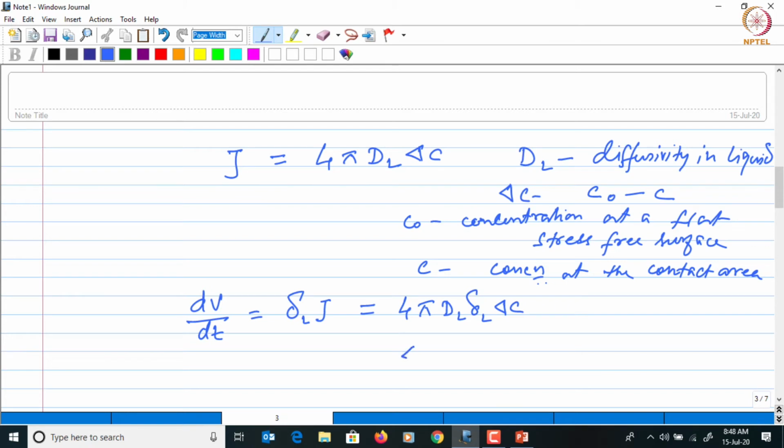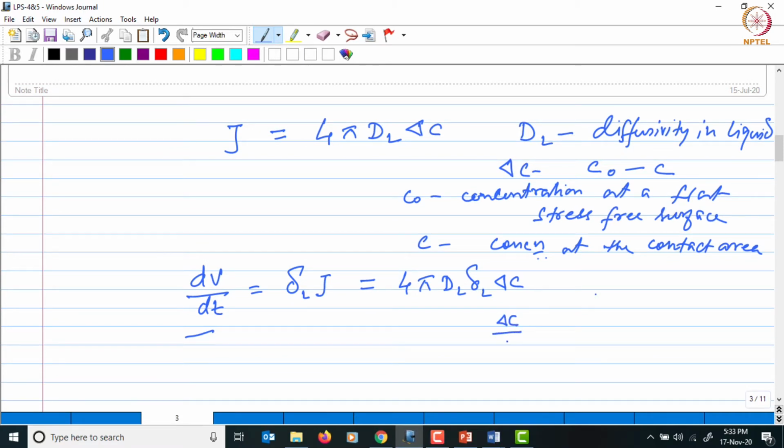Delta C is small and can be written as this, where PE is the total stress on an atom, omega is the atomic volume, and the other terms have their usual meanings.